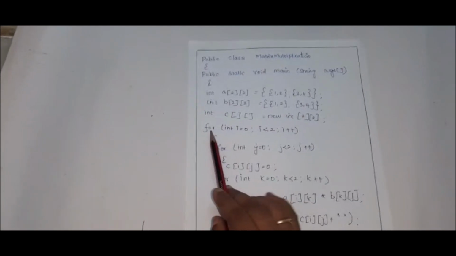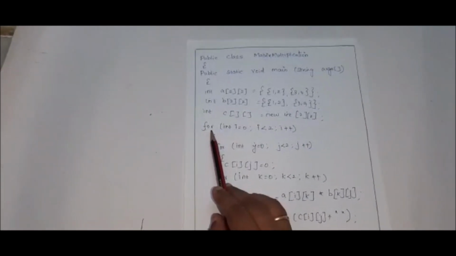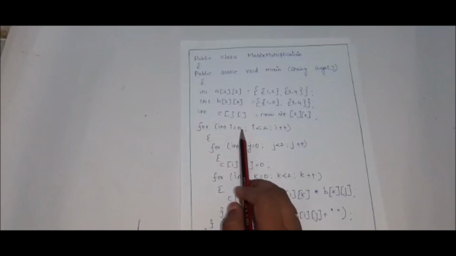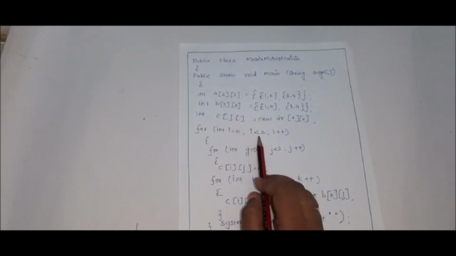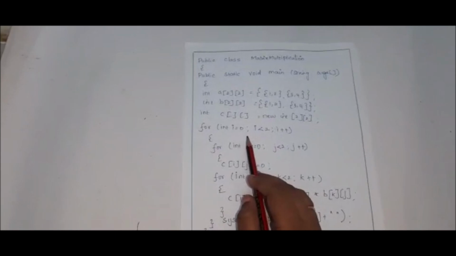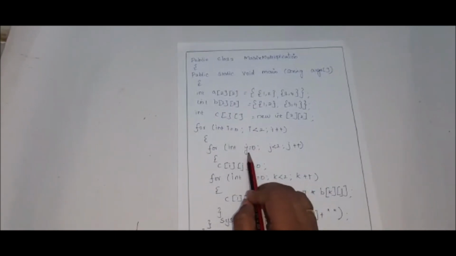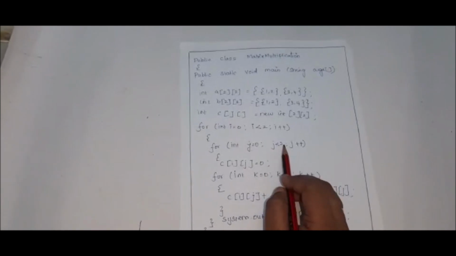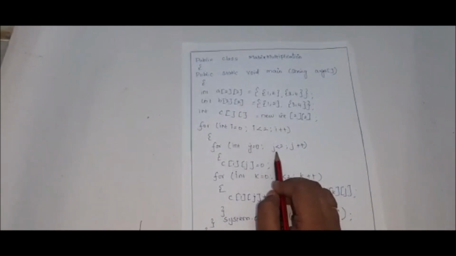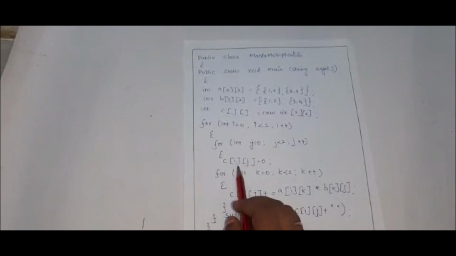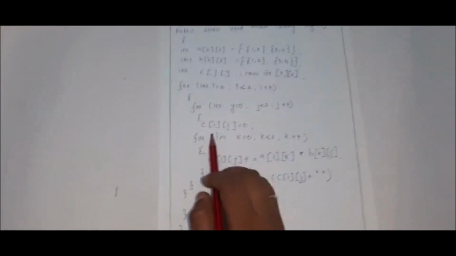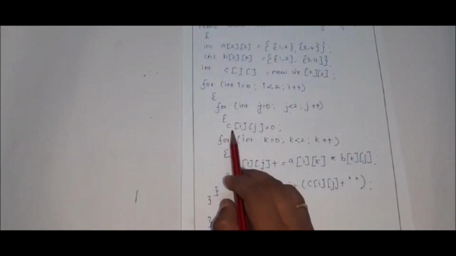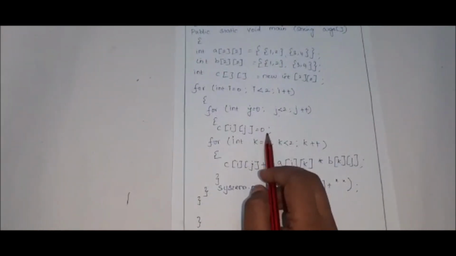First we have to initialize the i variable from 0 up to the first matrix's rows, and you have to declare another inner loop with j equal to 0 and j less than 2. This is the column value of the second matrix. We need to initialize the resultant matrix element initially as 0.